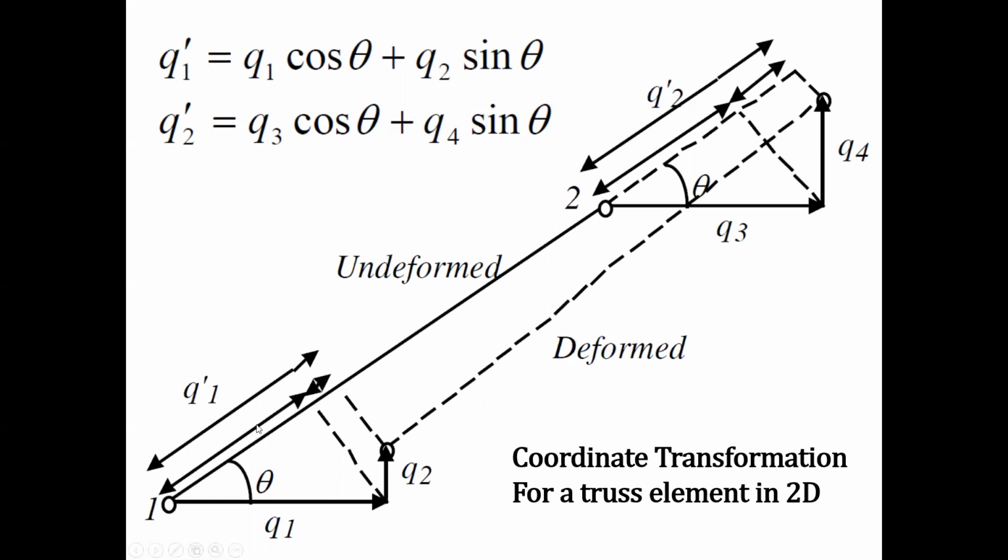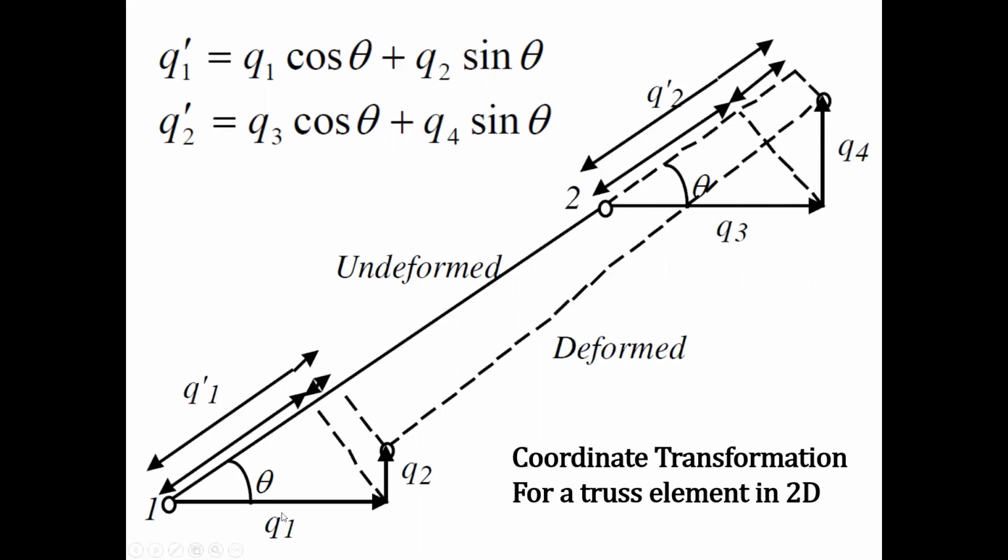You've got an undeformed truss 1 2 and a deformed one. After deformation, the deformation in the x direction is q1 and in the y direction is q2 for node 1, and the x direction deformation for node 2 is q3, and the y direction deformation for node 2 is q4.